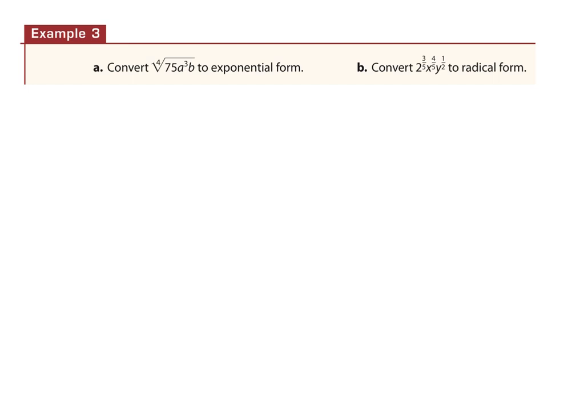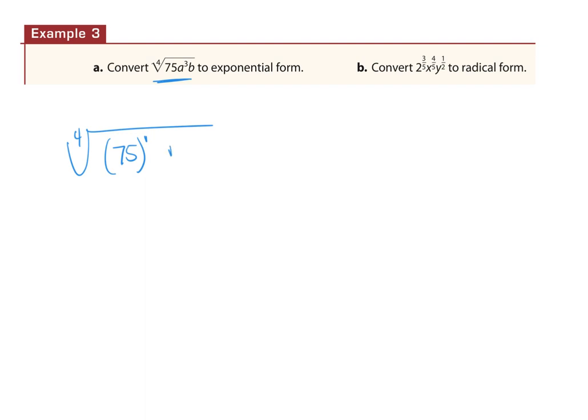It wants us to take the radical and change it to exponents, and it wants me to take the exponents and then change it back to radicals. So for this one, I have to look at all the individual pieces. So this is the 4th root of 75, and that is 75 to the 1st power.